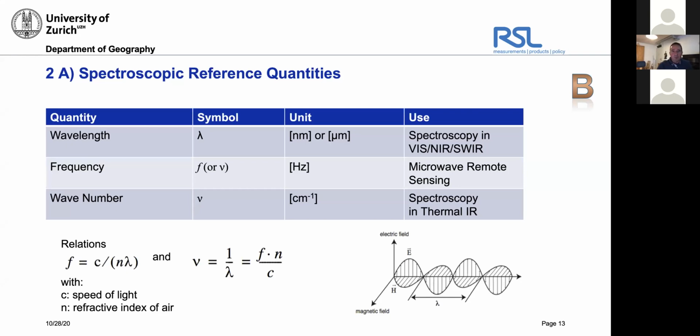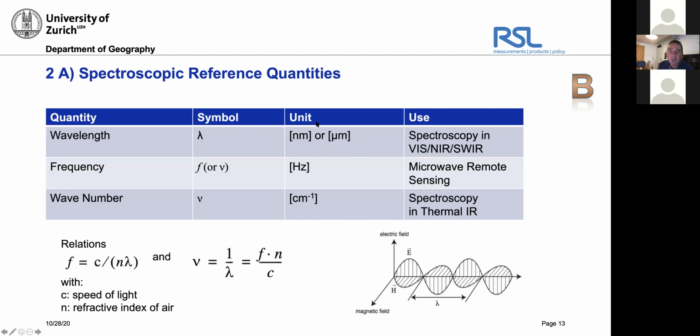So first, about the spectroscopic quantities. If doing imaging spectroscopy, one first has to define the x-axis of the spectrum. So what to put on the x-axis. In optical remote sensing, we're usually using the wavelength, measured in nanometers or in microns.